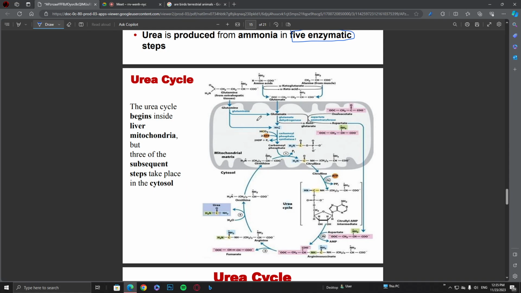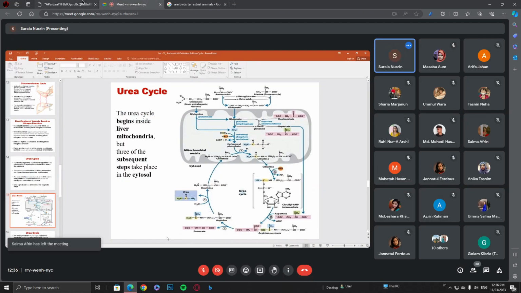This cycle starts in the liver mitochondria with the very first reaction, but the rest of the steps take place in the cytosol of the hepatocyte. If you look at the above, this is the mitochondria, then you can see the cytosol.